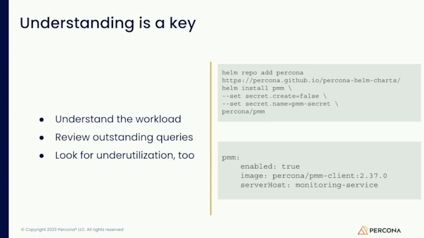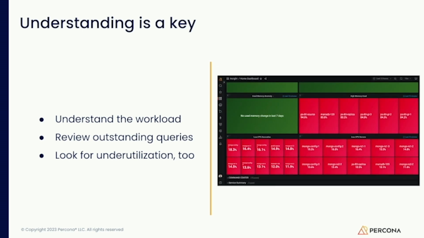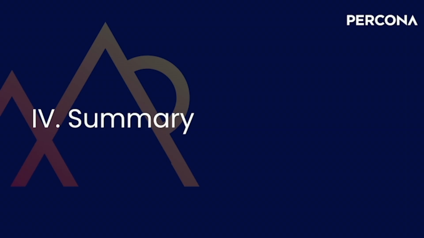So in second position after credit card, PMM is great to approach that as well. You will be able to look at the queries that are consuming the most resources, but also have a look at underutilized worker nodes and containers that are good candidates to scale down even without that.